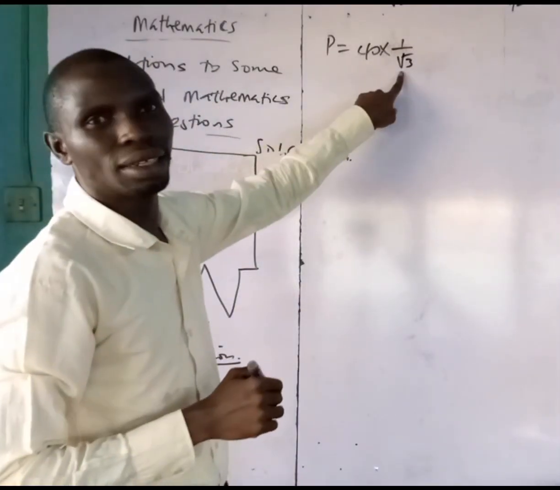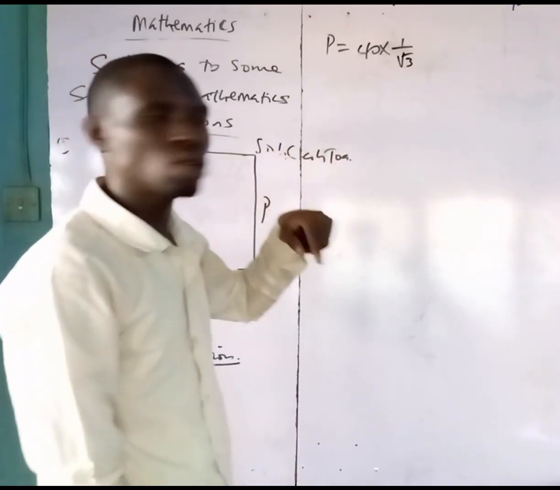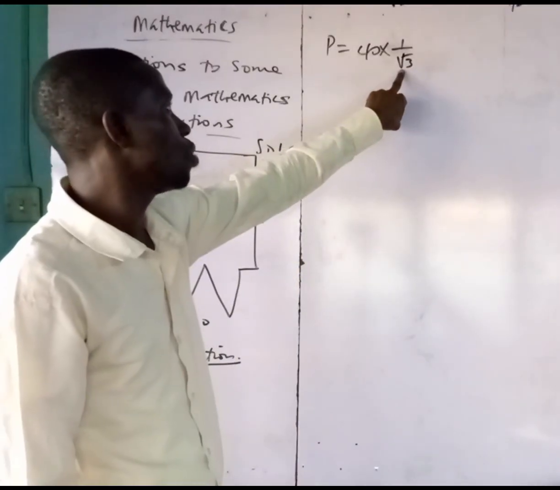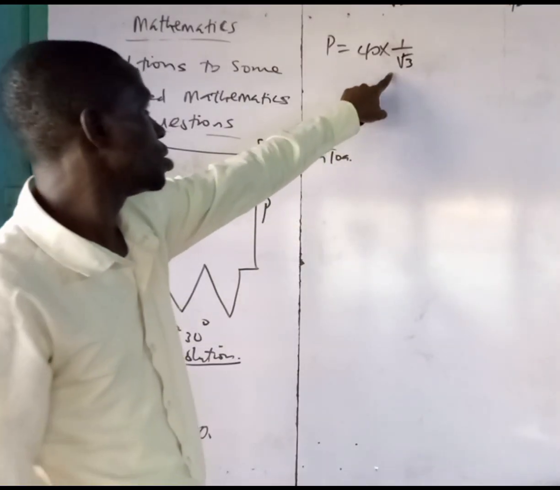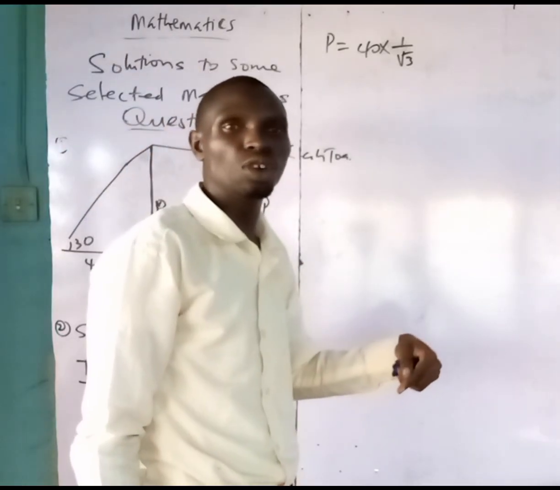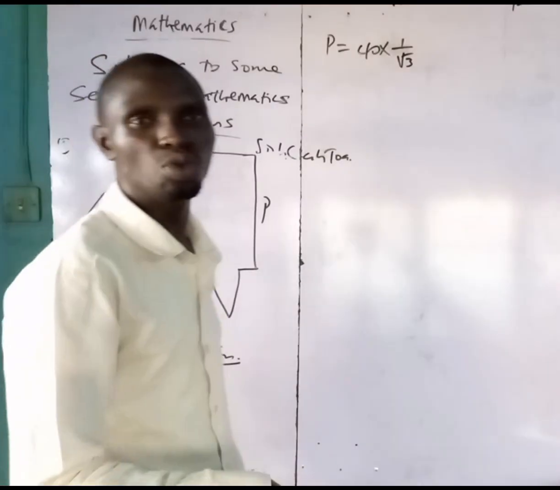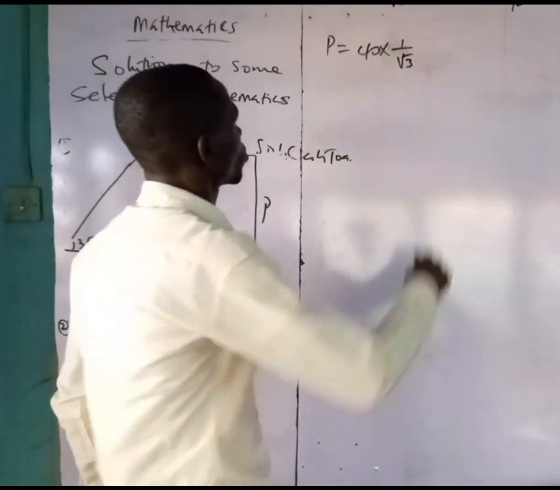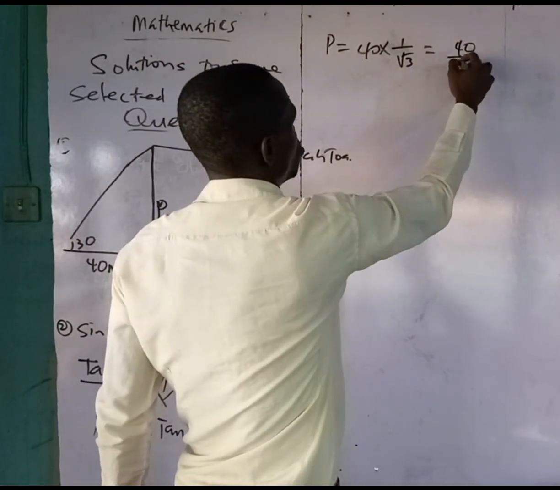If we don't remember, we will include the link to how we arrive at root 3 in the comment section or in the description of the video. So this will give us 40 times 1, that's 40 over root 3.